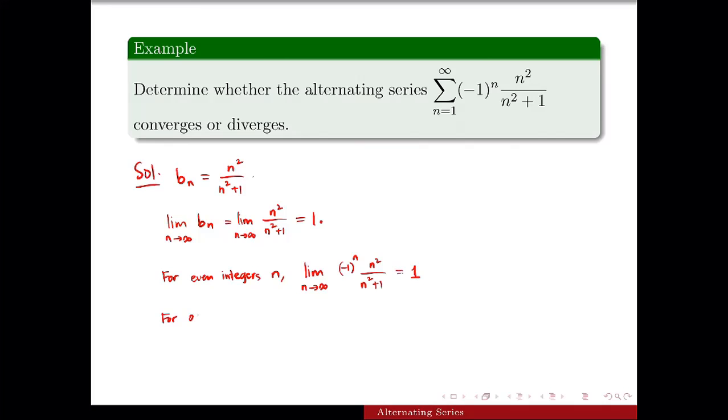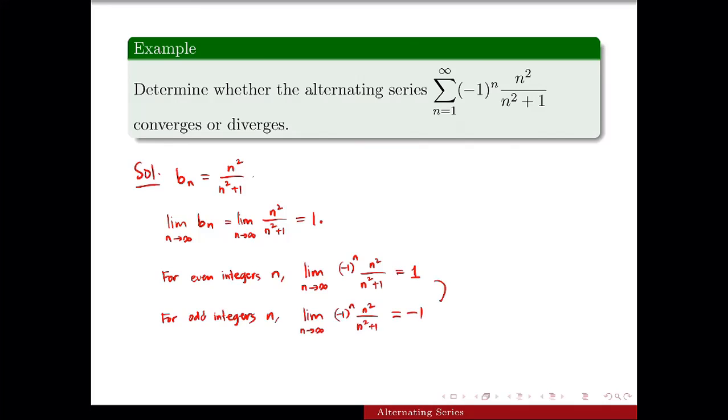For odd integers n, if you get the limit as n approaches plus infinity of negative 1 to the n squared over n squared plus 1, meaning passing through odd integers only, the limit will be equal to negative 1.